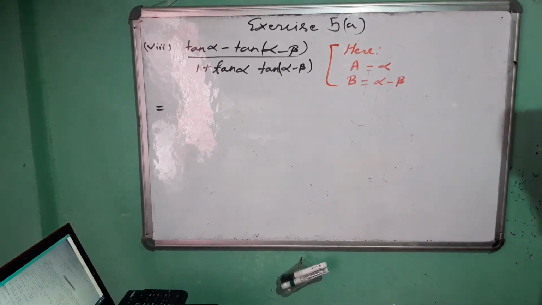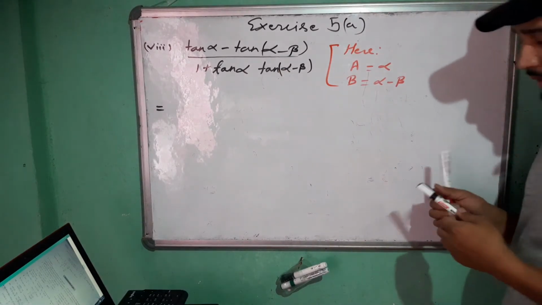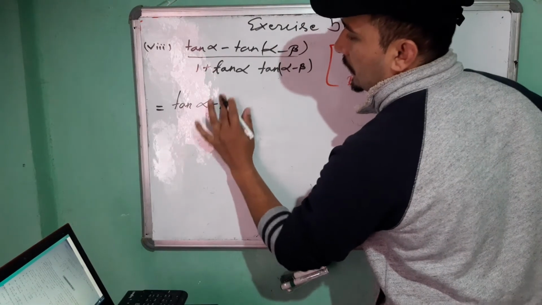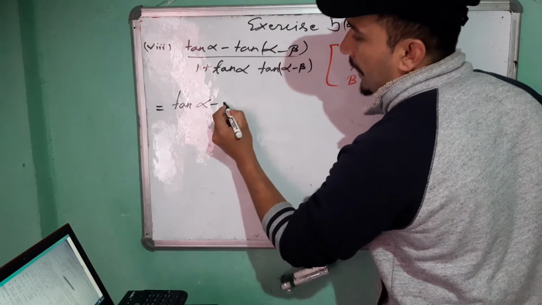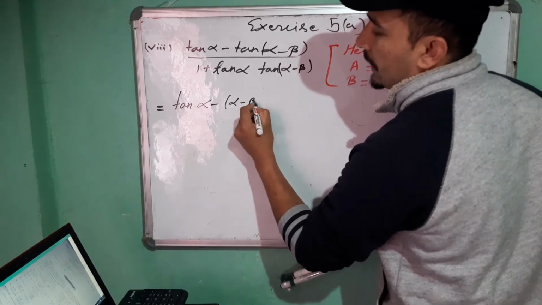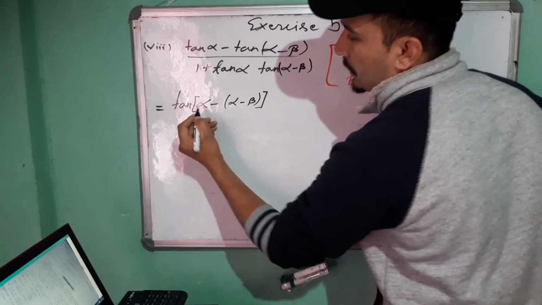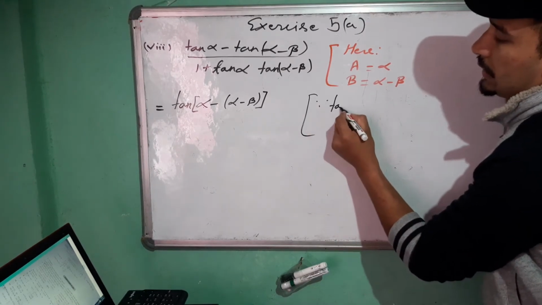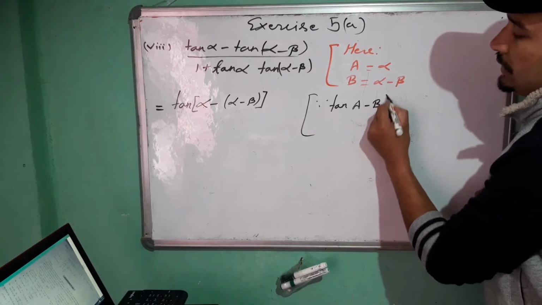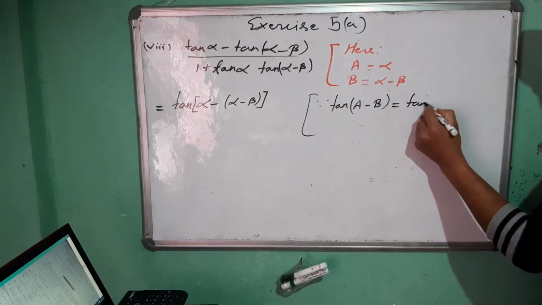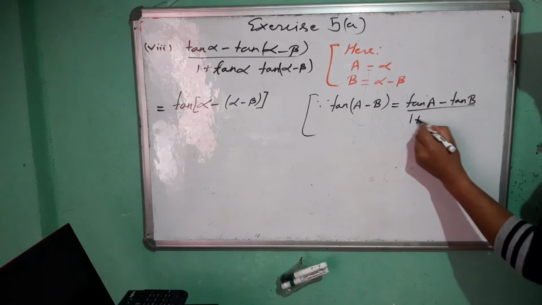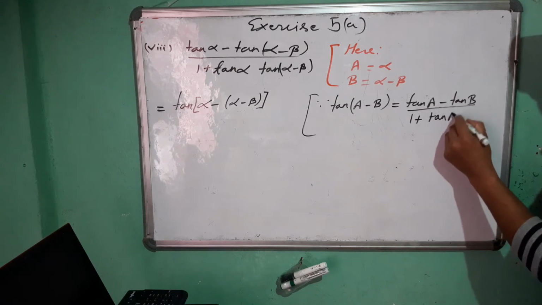This is the standard formula for tan(a minus b), because tan(a minus b) is equal to tan a minus tan b divided by 1 plus tan a tan b.